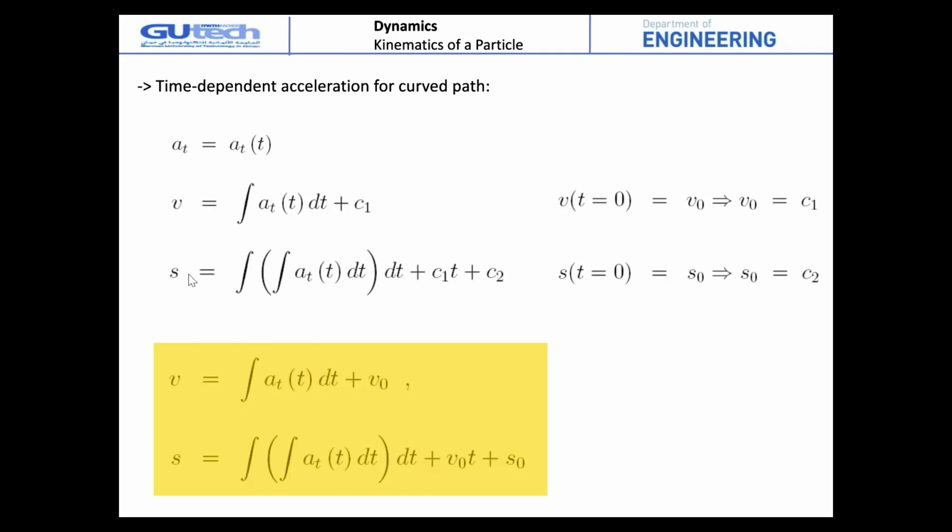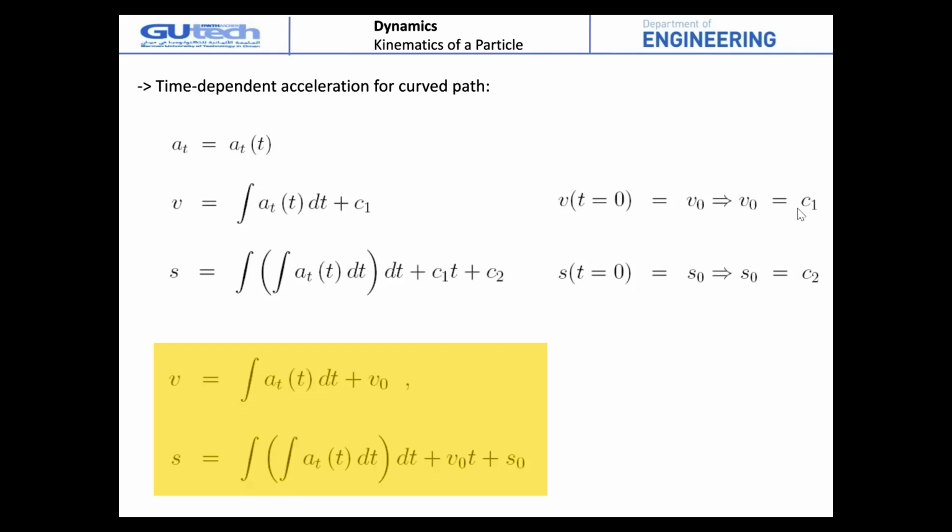And for the position we have the double integral of the acceleration, then we have the second constant, C2. Then we have the velocity at time t equal to 0, V0.